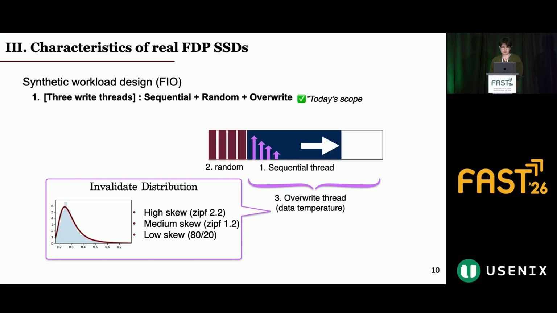It's pretty much like a simulated log-structured file system workload, but with FIO. For the overwrite thread, we vary the invalidation distribution to sweep across different skewness levels, from high to low, with different Zipfian patterns, and it can be an 80-20 distribution.